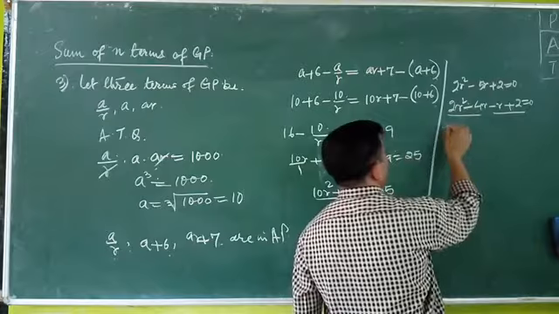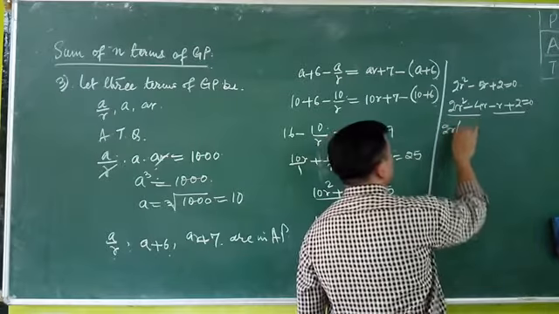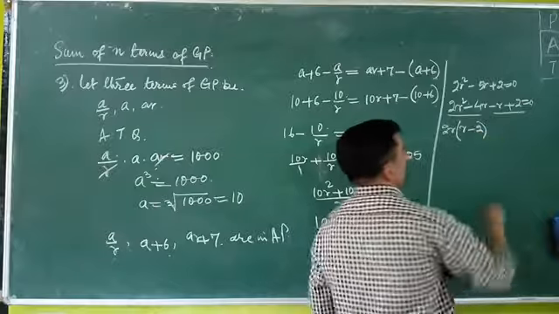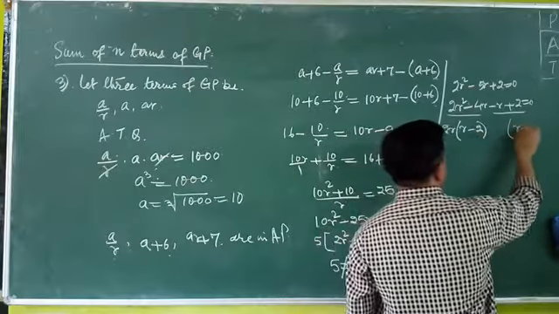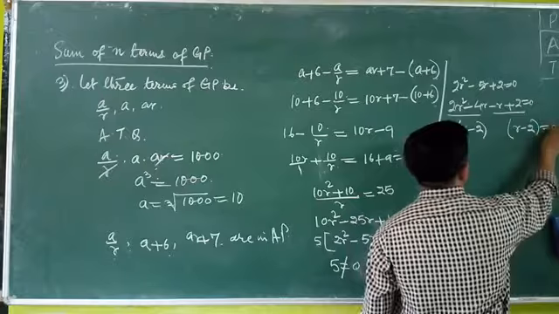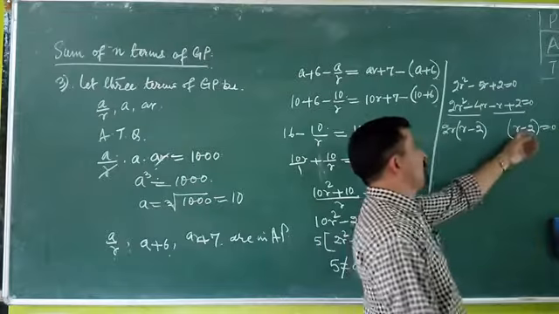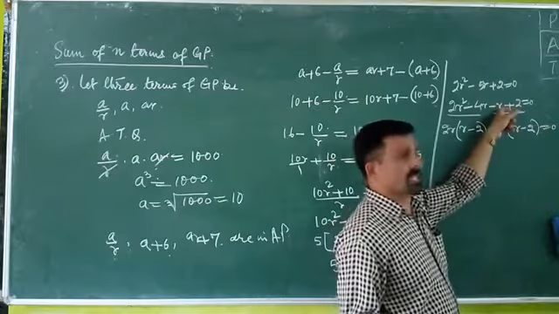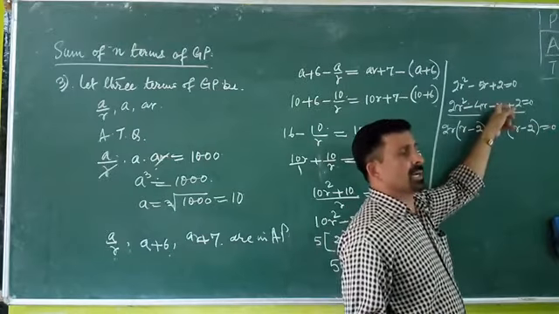From the first group, you can see the common factor is 2r. So this is r minus 2. Okay? Leave some space and repeat the same bracket, r minus 2 is equal to 0. Now in the second group, the r is at this position. So take this minus r with sign.